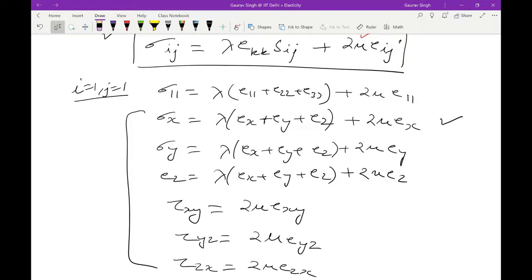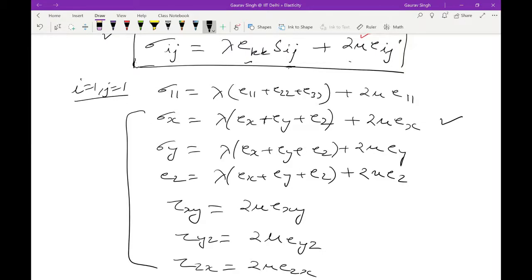Okay, so the isotropy is coming in because we chose a particular form of C_ijkl. Now we have seen that there are always two independent constants, parameters in the elasticity tensor. Now, if we want to invert this, meaning you want to write the strain in terms of stress. So this is if you have strains given, you can find the stress at a point where the material is linear elastic isotropic.